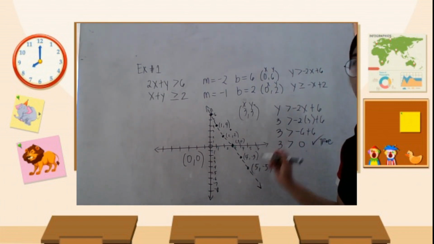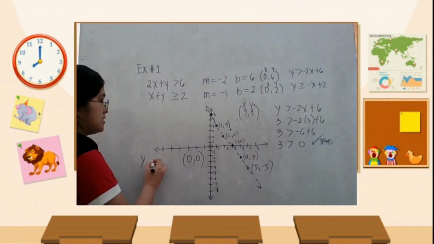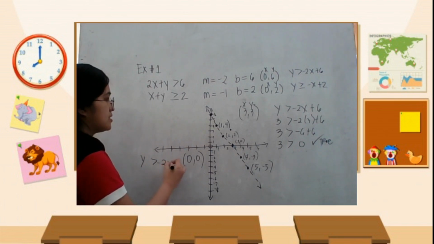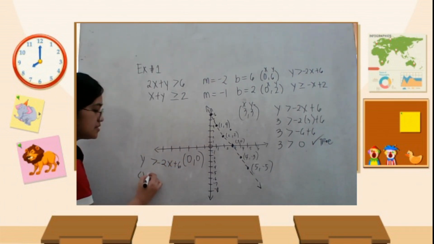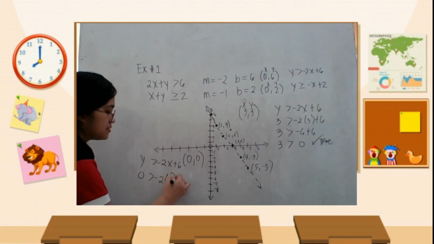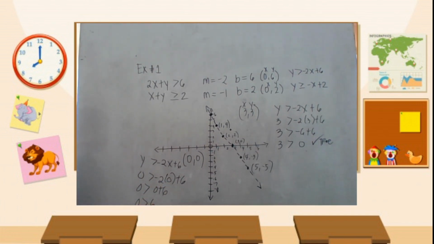How about yung isa? So, y is greater than negative 2x plus 6. Okay? So, 0 is greater than negative 2 times 0 plus 6. So, 0 is greater than 0 plus 6. So, 0 is greater than 6. Is it true? This is not true. So, false. So, ito ay false.